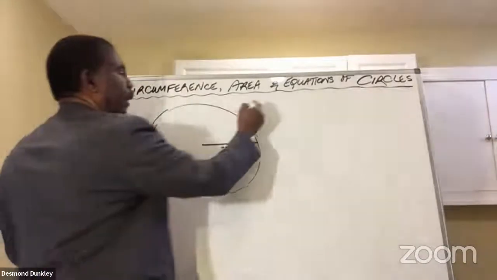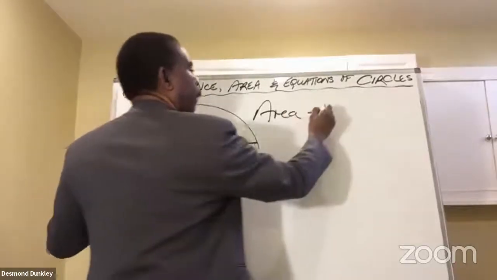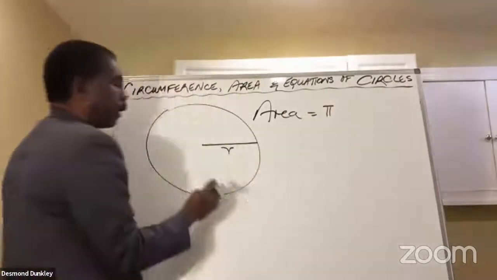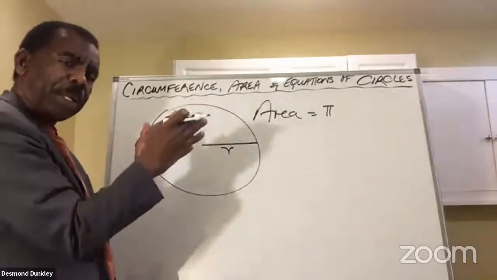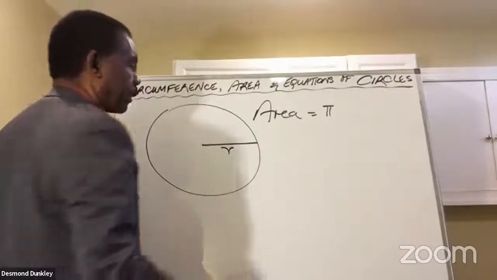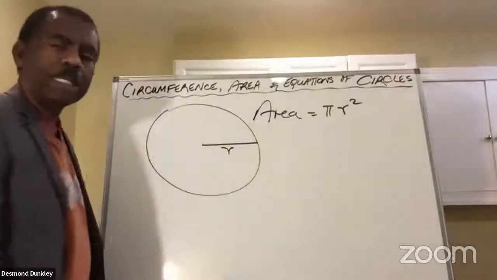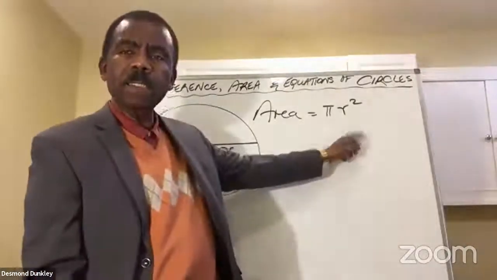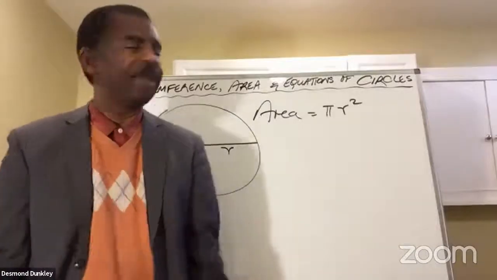Well, the area is going to be equal to pi. Of course, it's going to depend. The bigger the radius, the bigger the area. Small radius, small area. Large radius, large area. So it's always dependent on the radius. It's going to be pi r squared. So whatever the radius is, multiply it by itself, and then multiply it by pi.